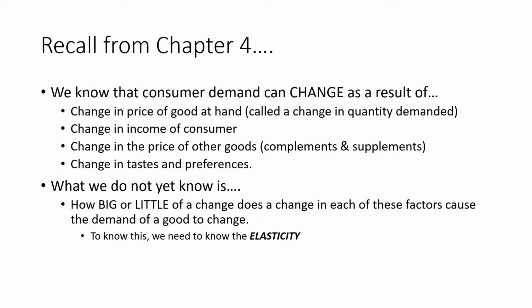So from Chapter 4, if you recall, we learned that demand for a particular product can change. It can increase, demand can decrease as a result of a variety of things. Demand for an item can increase or decrease due to a change in price.